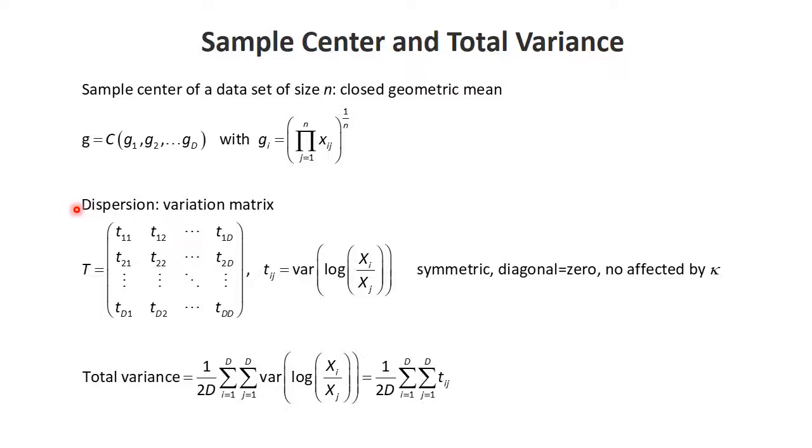The dispersion matrix, or variation matrix, is defined by elements tau_ij, which are the variances of the log ratios. Each element consists of the variance of a log ratio, and of course this is a symmetric matrix. From that we can calculate the total variance by summing all those individual variances.